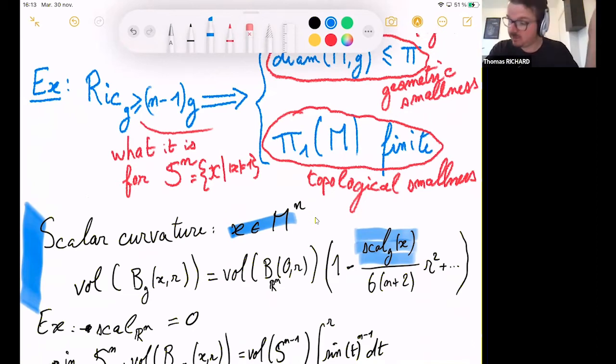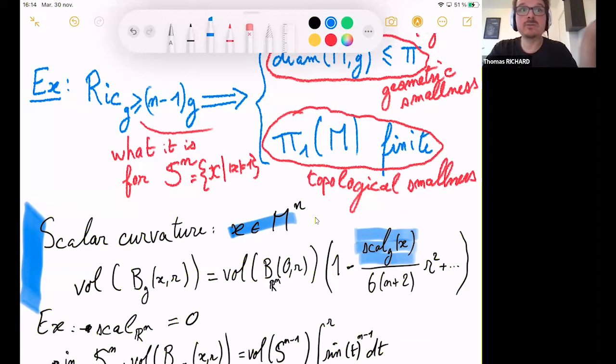So maybe if we want to be quick: when you have a Riemannian manifold, you have a metric space structure. With this metric space structure, you can define the Hausdorff measure and a Hausdorff dimension. The Hausdorff dimension will be the topological dimension of your manifold, it will be n.